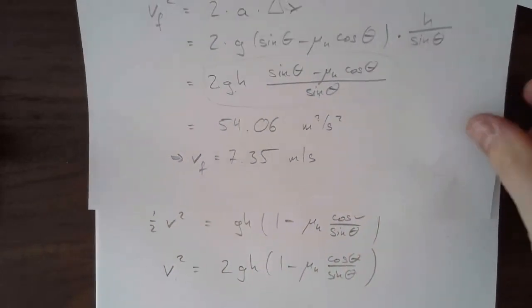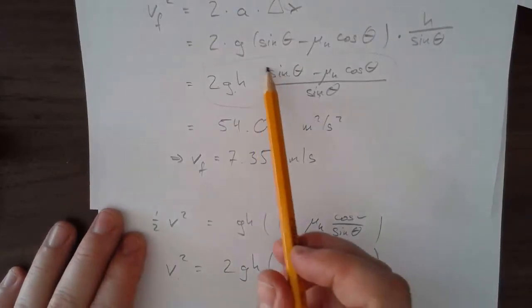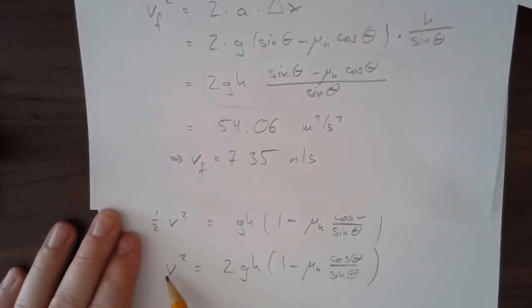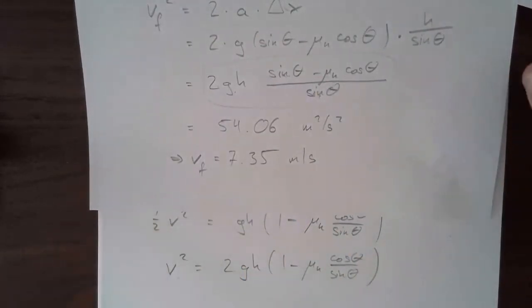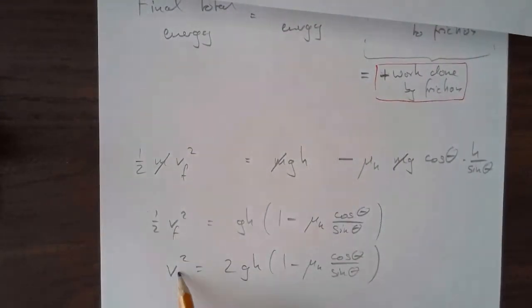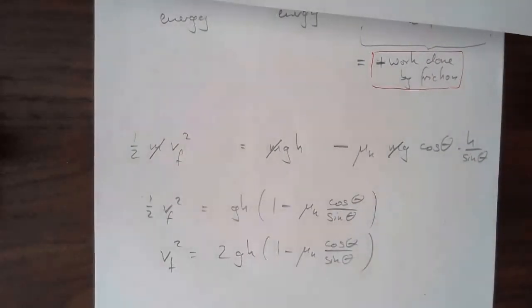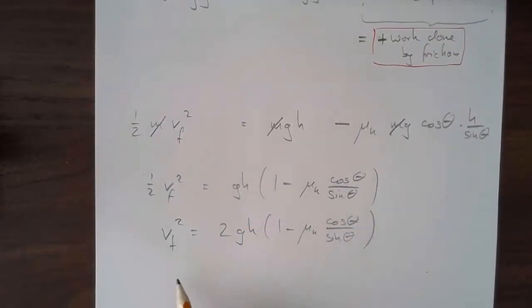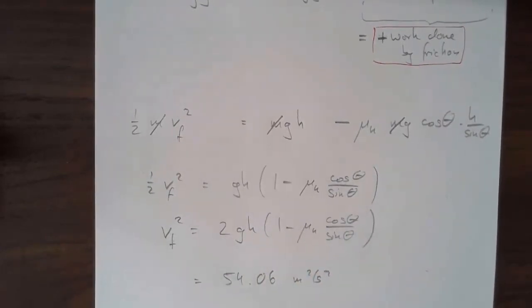So let me see if I can show them to you at the same time. It's this expression here that matches exactly this expression here. Should have called this v final, of course. That's what I labeled it throughout. And so you can see how I get to the same answer, right? Now I plug in values, and again you can try this out. It should come to 54.06 meters squared per second squared, because it's exactly the same expression as before.